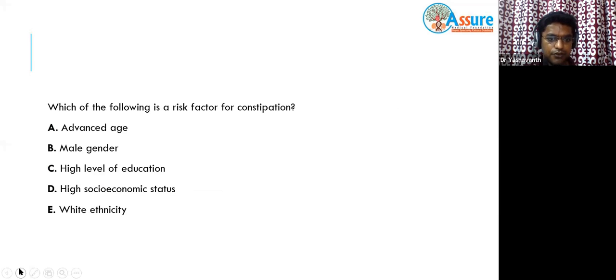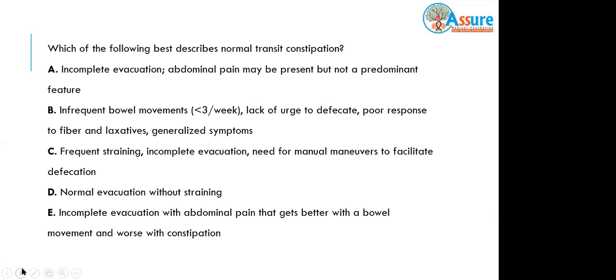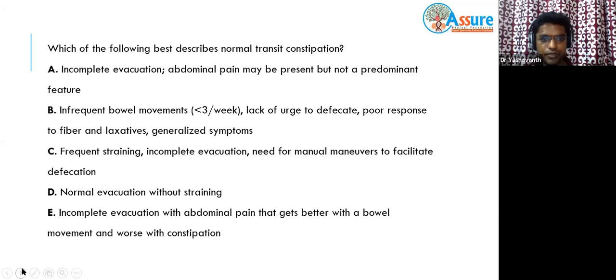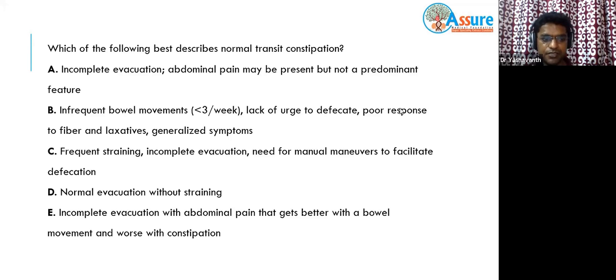Correct answer. We are done with constipation. We just brushed through a few MCQs so that a few concepts are clear. Which of the following is a risk factor for constipation? Advanced age. Very good. Which of the following best describes normal transit constipation? A, incomplete evacuation and abdominal pain. Very good. What does B suggest?